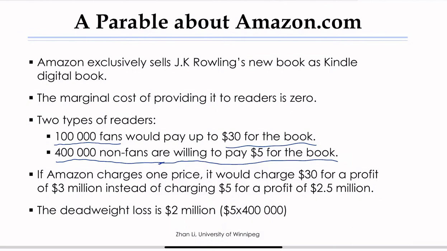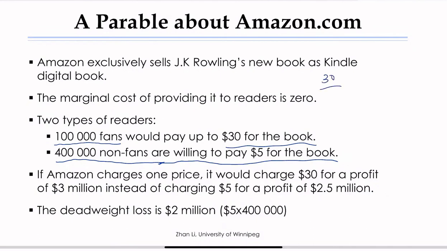So now let's say you're the executive at Amazon and you're thinking about how to set the price for selling this book, right? Basically, you're the monopolist, so you're the only seller who can sell J.K. Rowling's book. Here you have two kinds of prices.